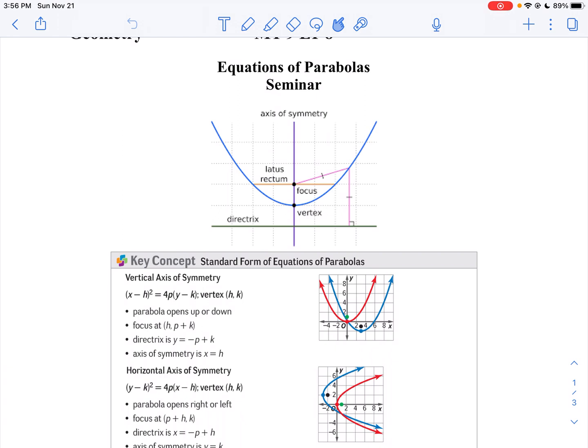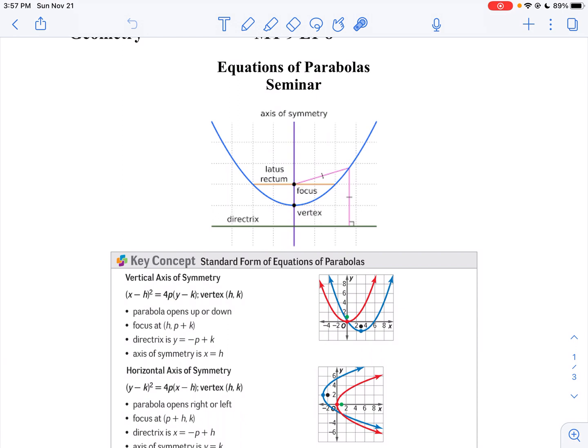So let's start here. Remember, a parabola from Algebra 1 is a U-shaped graph. The vertex is where it changes direction, going from going up to going down. The directrix is a line that's beneath, or outside of, your parabola.